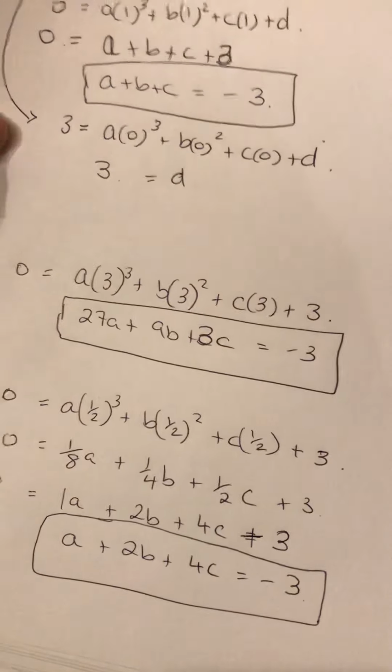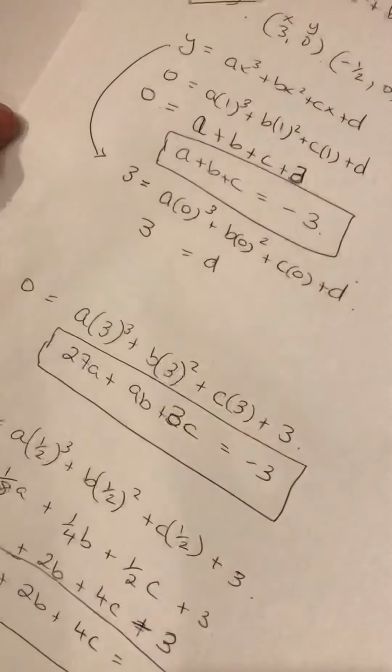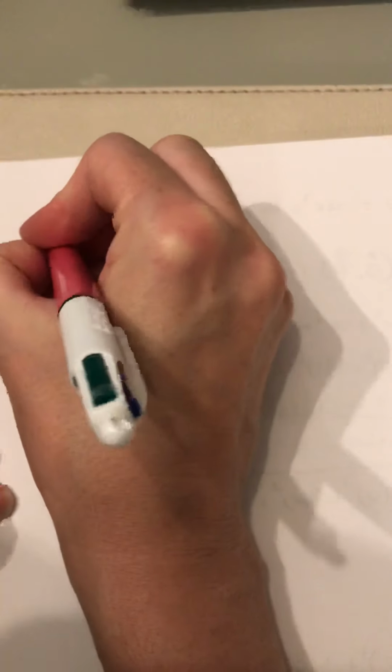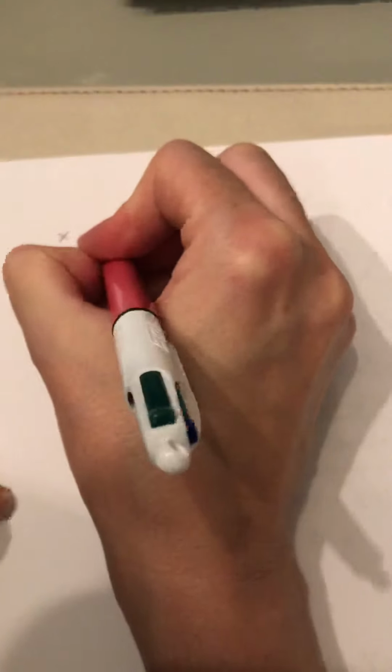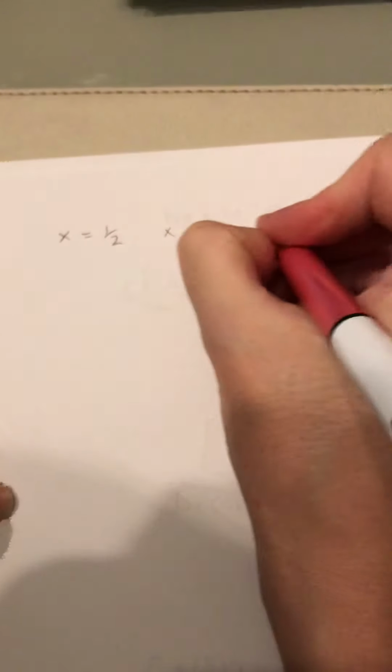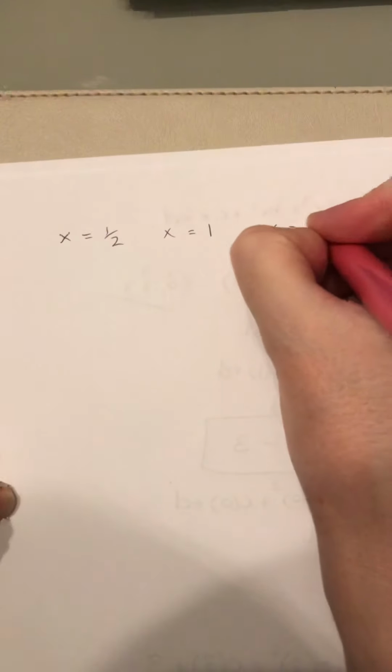So that's method 1. Method 2 is where I decide that I have my roots. So my roots are x is equal to minus 1/2, x is equal to 1, and x is equal to 3.